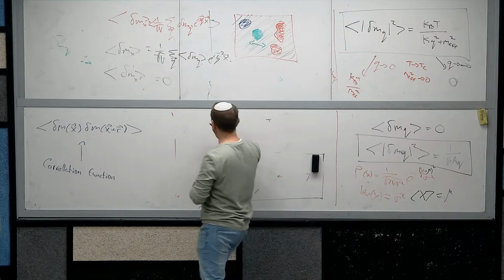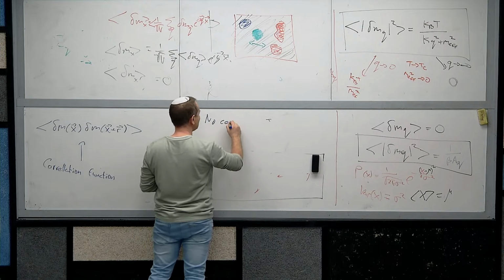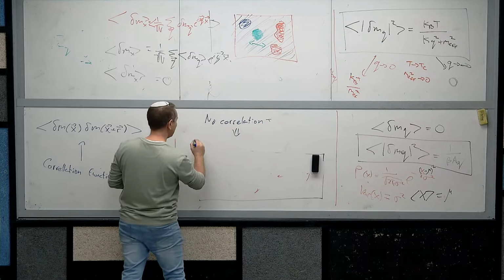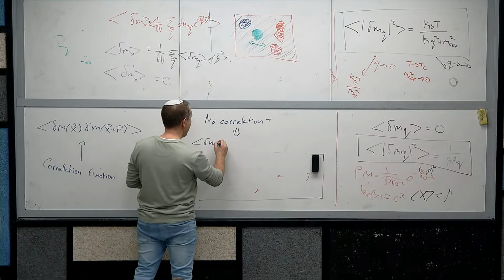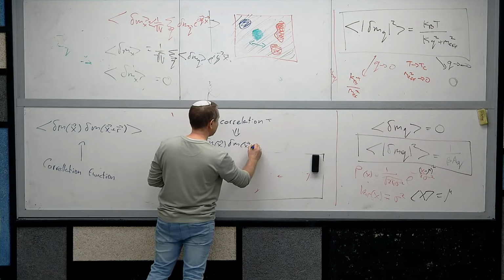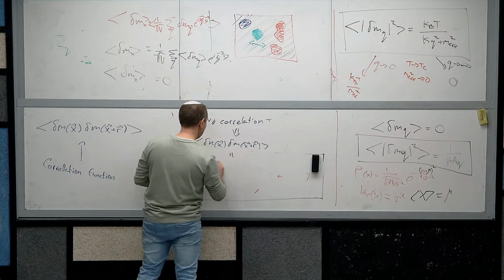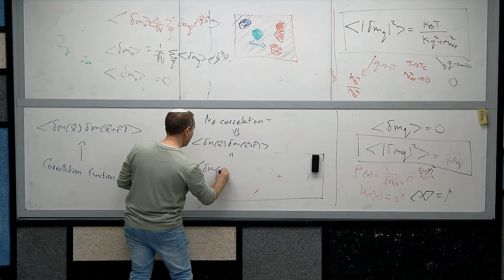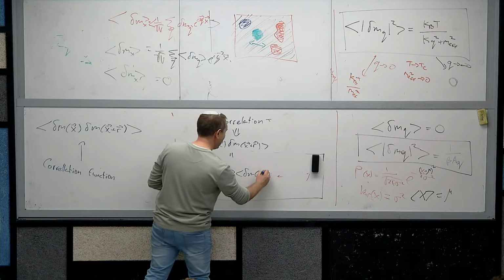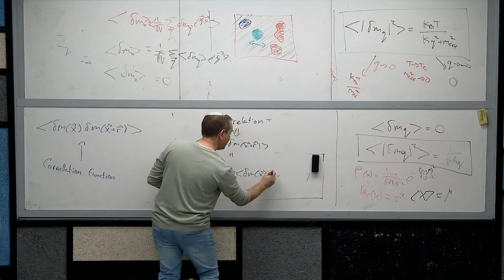If there are no correlations, it means the average of delta m(x) delta m(x plus r) equals the average of delta m(x) times the average of delta m(x plus r).